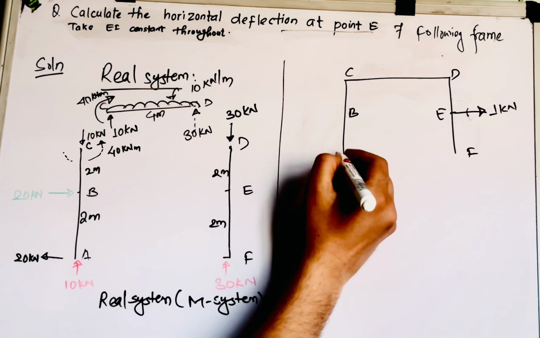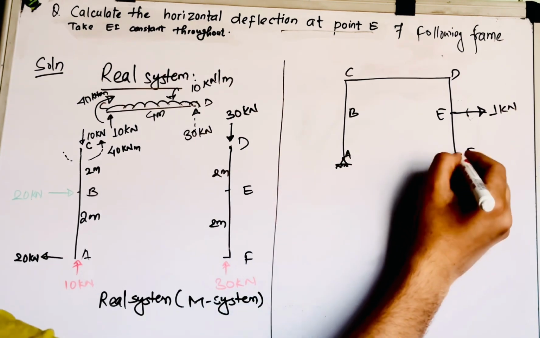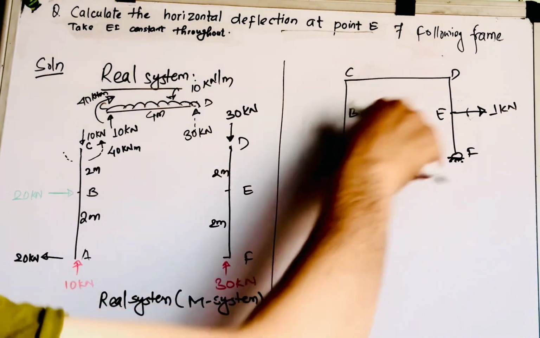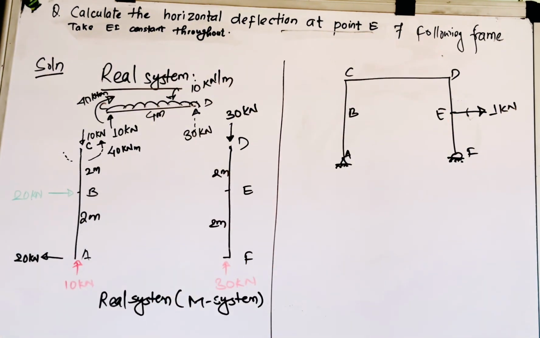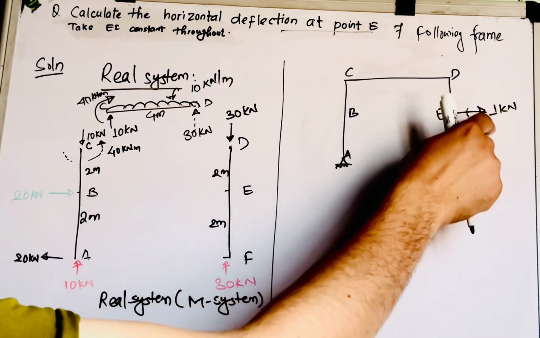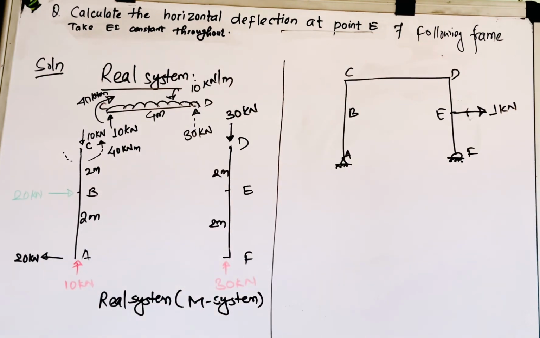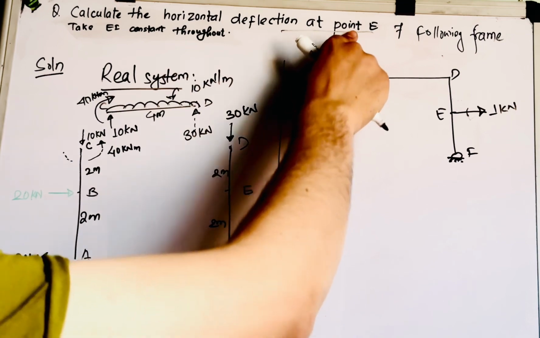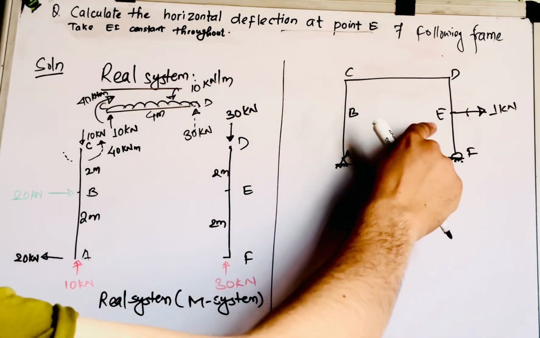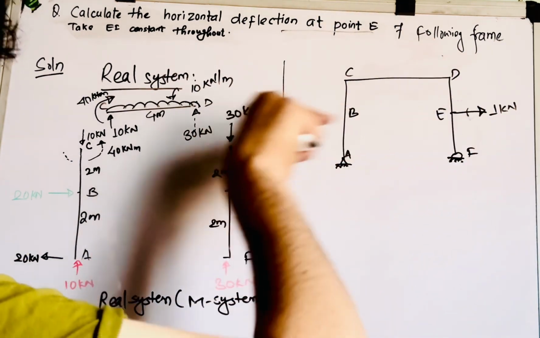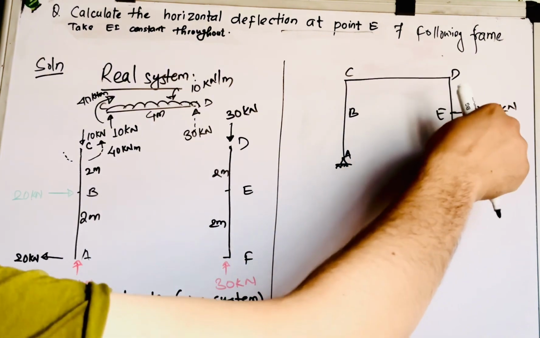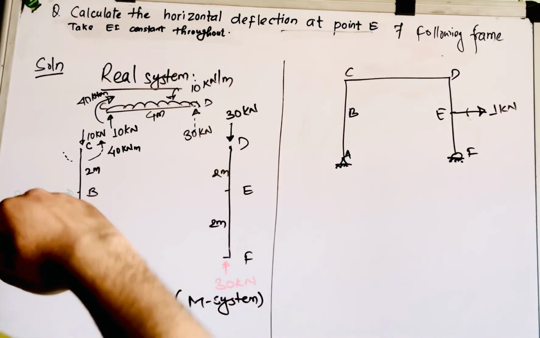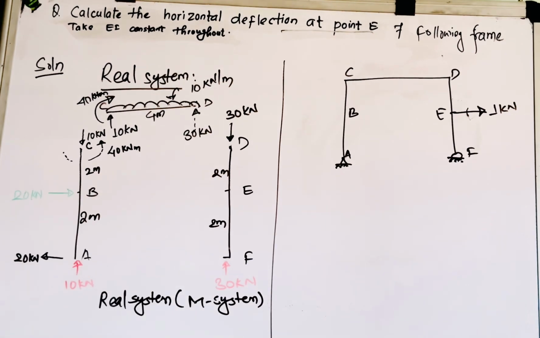So this is your system, and you have to remember that in this case you have to remove all the external loads and only apply the unit load that has been given in the question, right? Since you have been asked to determine the horizontal deflection at point E, the force must be horizontal, and it can be in the rightward or the leftward direction, right?